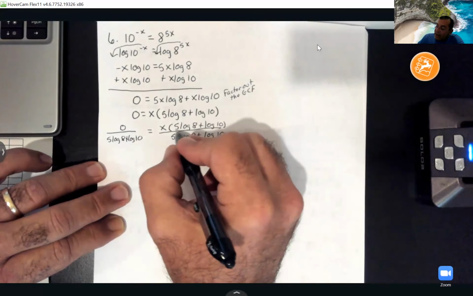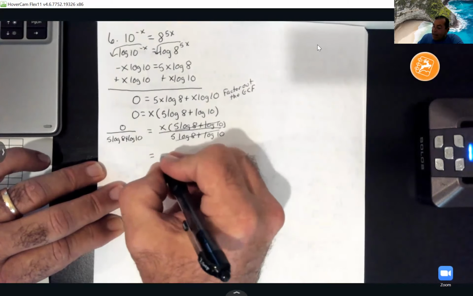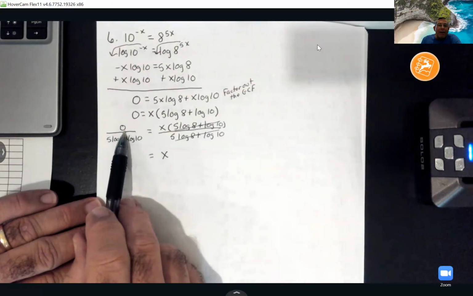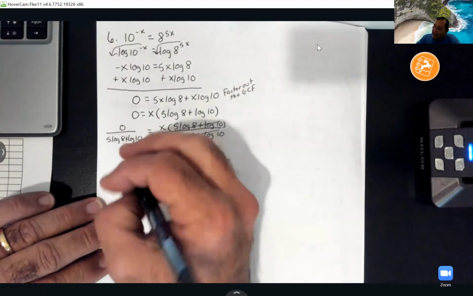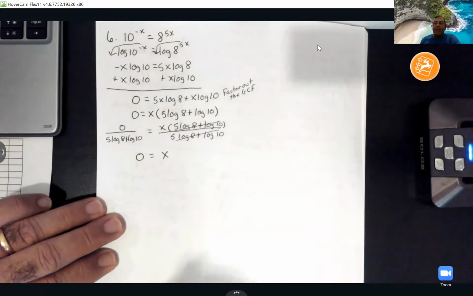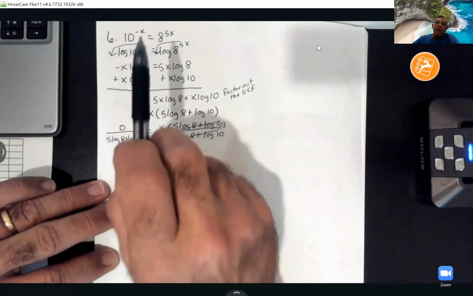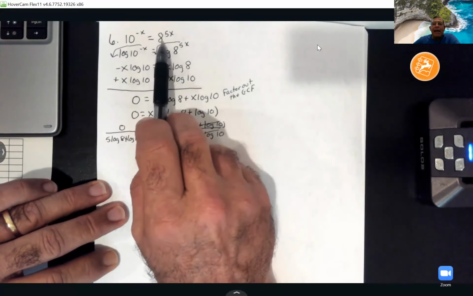On the right side, those are going to cancel, leaving me my x. And y'all look at that. 0 divided by anything is 0.